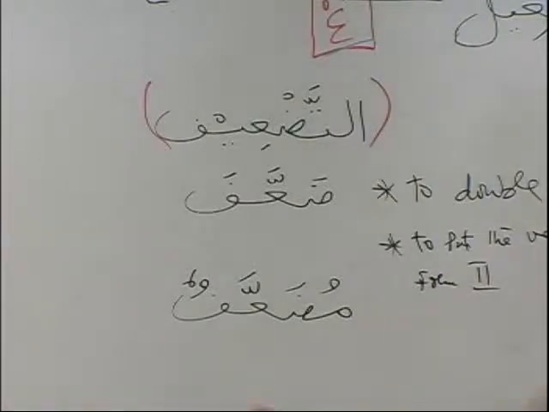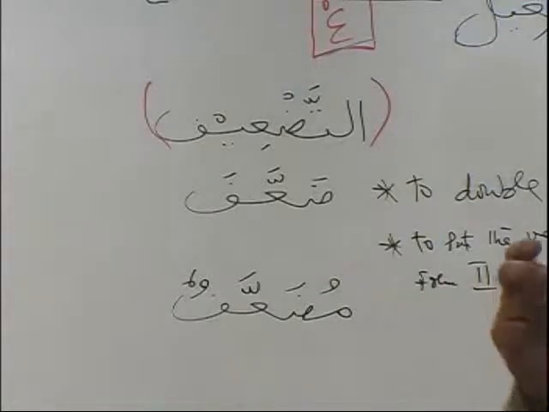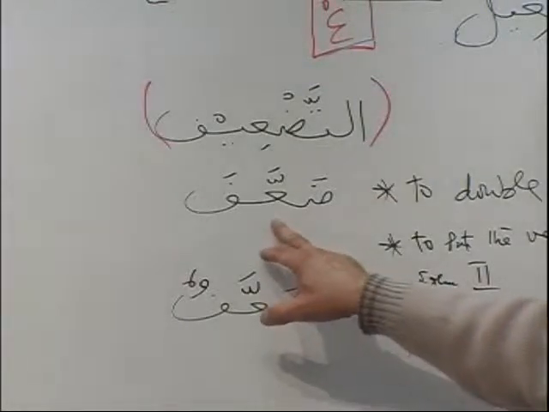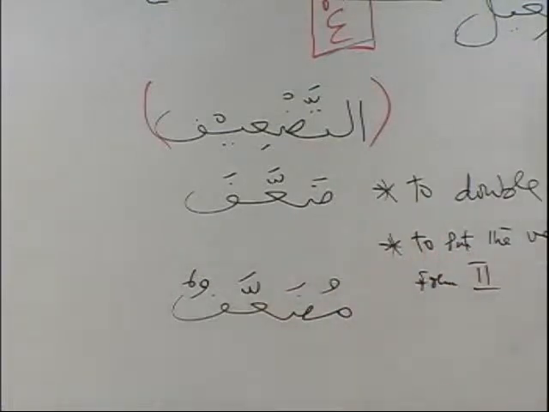Mudaf. What happens in fi'l mudaf? Ain and lam are identical. We get the second radical and the third radical the same. Are you with me? So mudaf is an ism maf'ul from da'afa, which means to double.